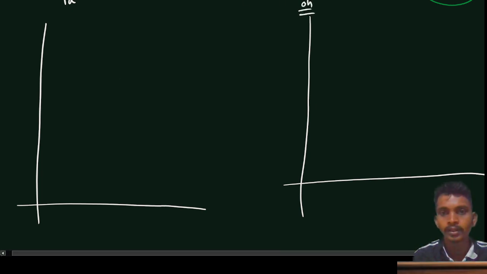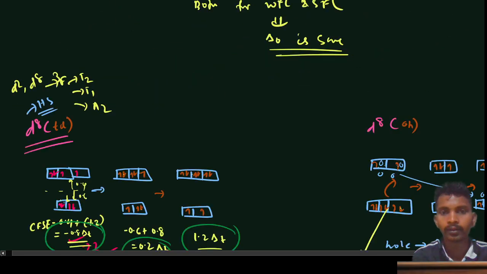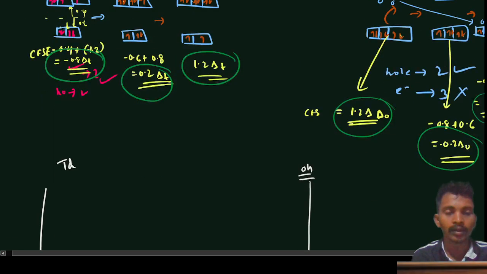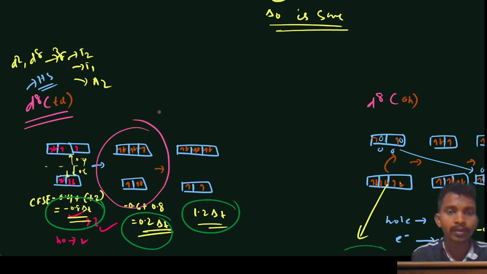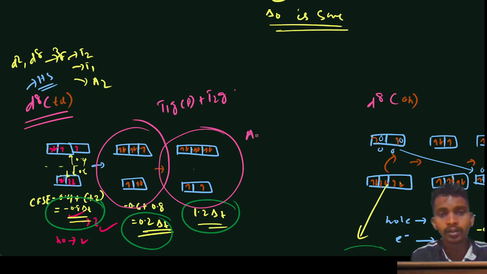So for this tetrahedral, what I did here is I assigned these values. So let's assign. Here we see that in both cases a degenerate state is there, so I'll write T1G P plus T2G. And here all are not degenerate states, that is A2G.